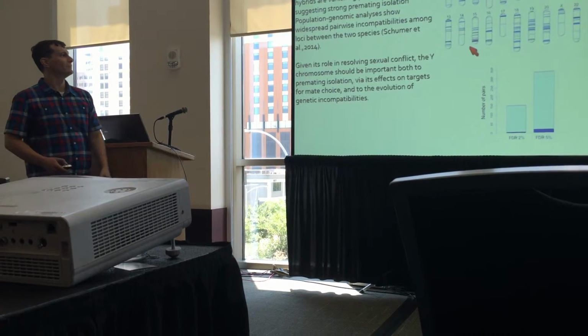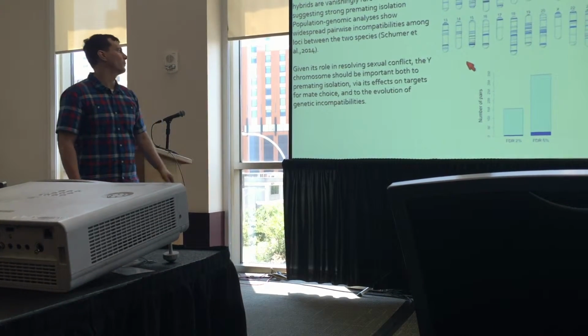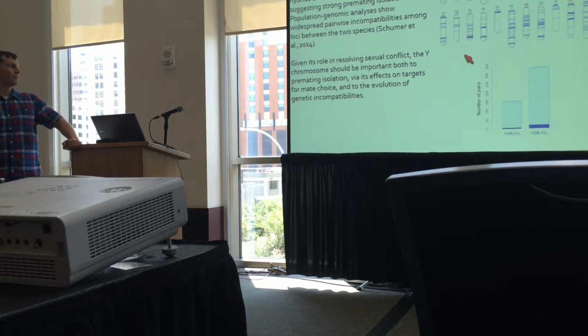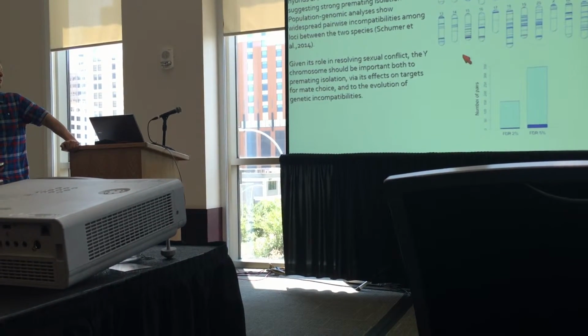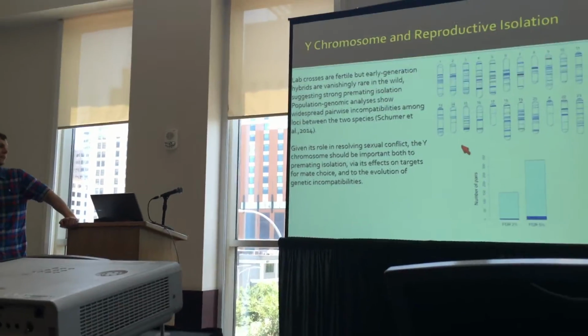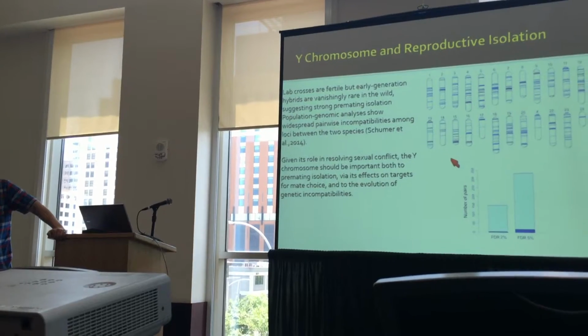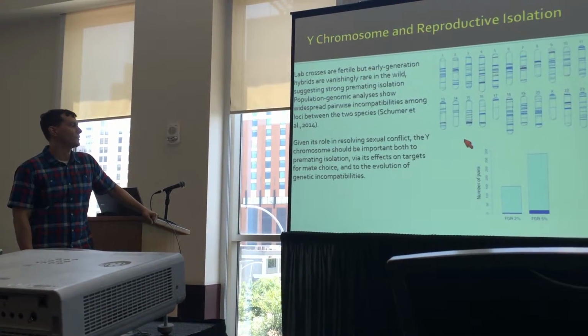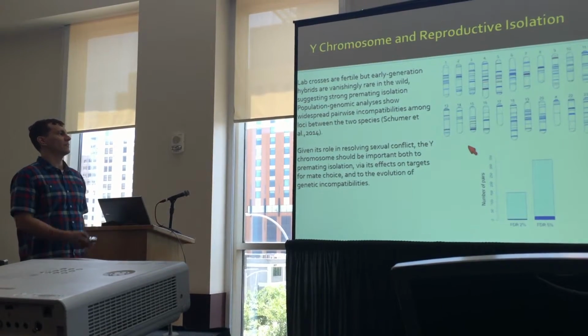They're over here, you can see they're just spread across the genome. And given its role in resolving sexual conflict, the Y should be important to isolation, by its effects on targets for mate choice and on the evolution of genetic incompatibilities. You can see, depending on where you put the cutoff, there's 150 to 300 incompatibility pairs identified so far.